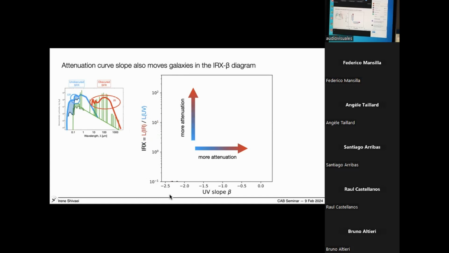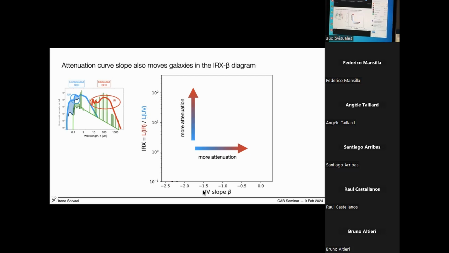Initially, the idea of finding the correlation between these two was to find a way that, by only using UV information, you can correct for the dust attenuation effects. Again, because at high redshift, mostly that's the only information we have.